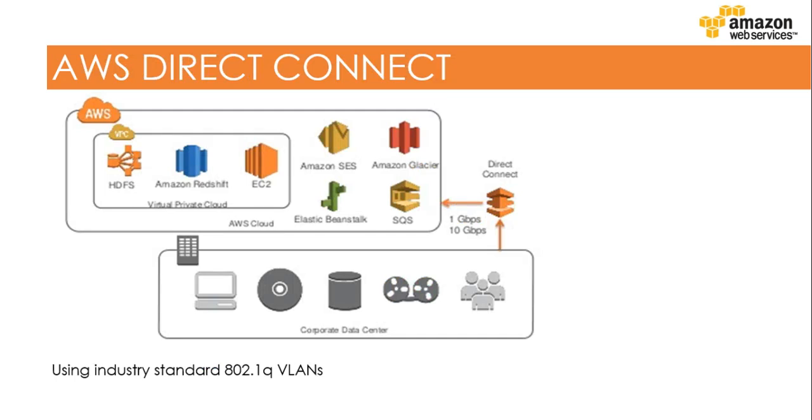Direct Connect. Direct Connect is another service in AWS located under networking and content delivery. AWS Direct Connect locations use the industry standard 802.1Q VLANs. These dedicated connections can be partitioned into multiple virtual interfaces.